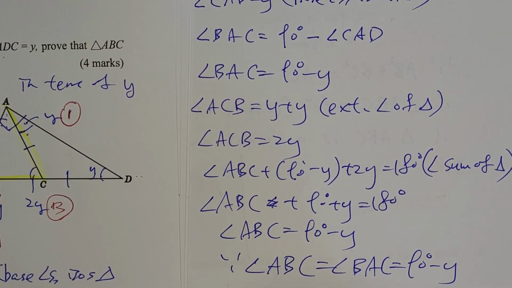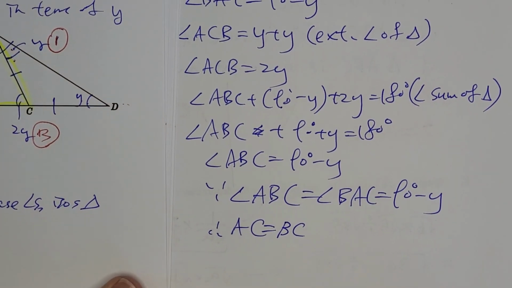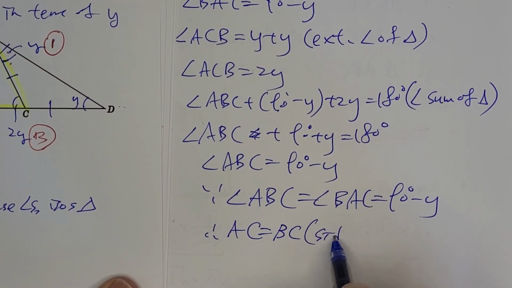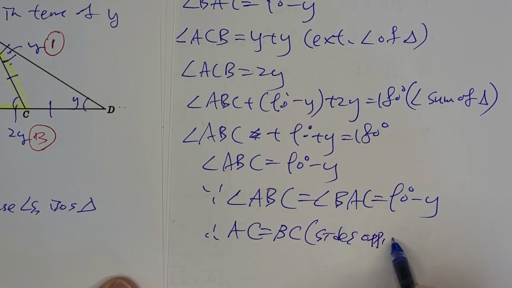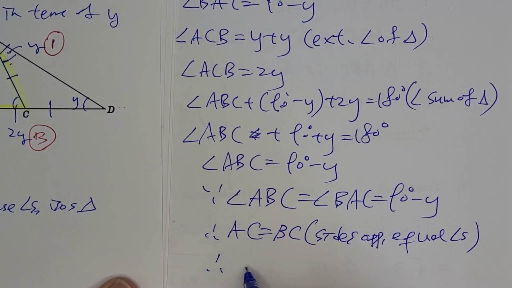Therefore, AC equals BC. Reason: side opposite equal angle. And therefore, you can conclude that triangle ABC is an isosceles triangle.